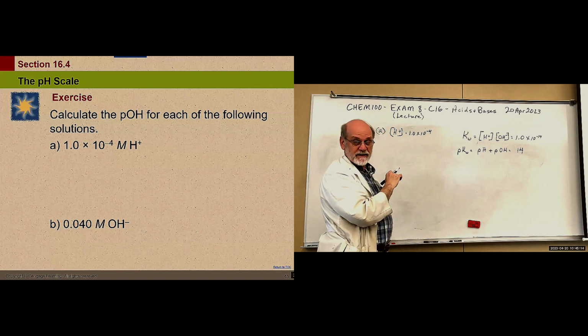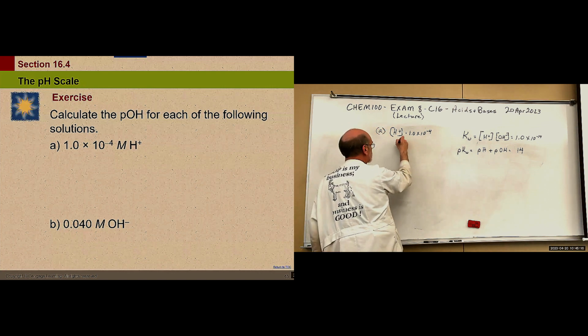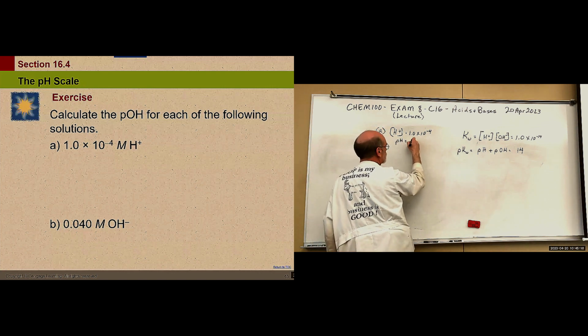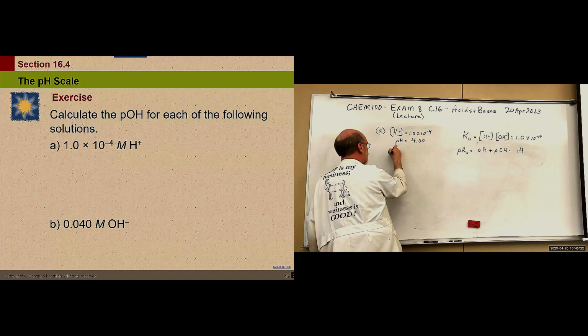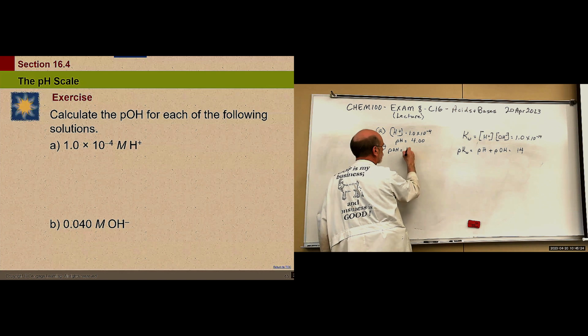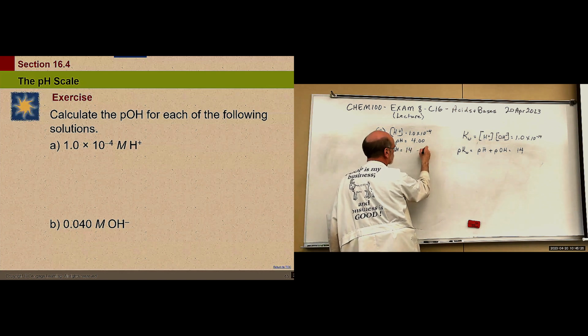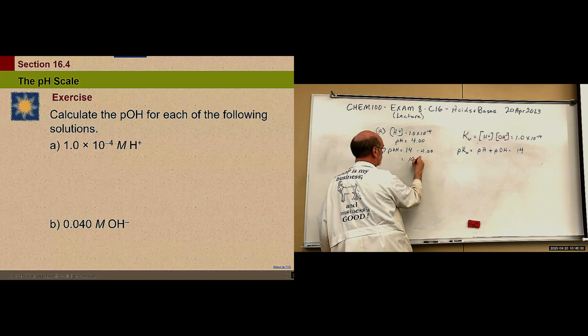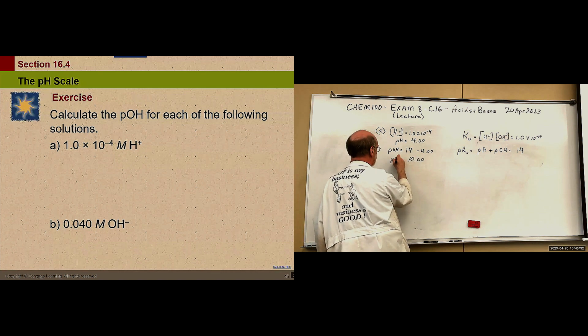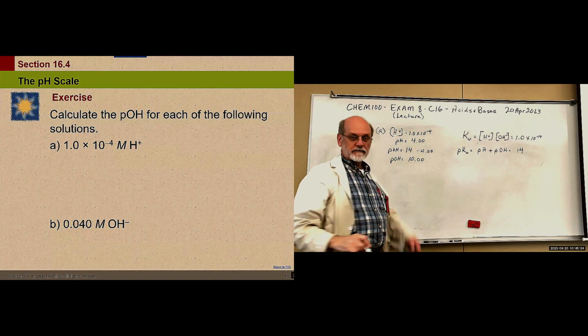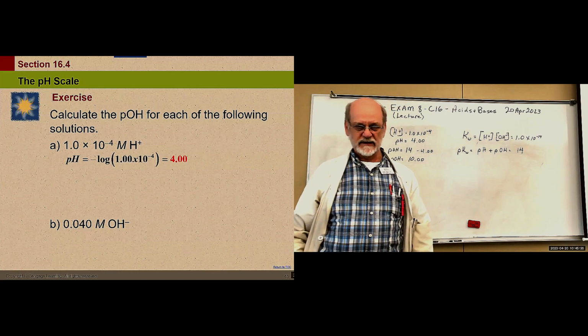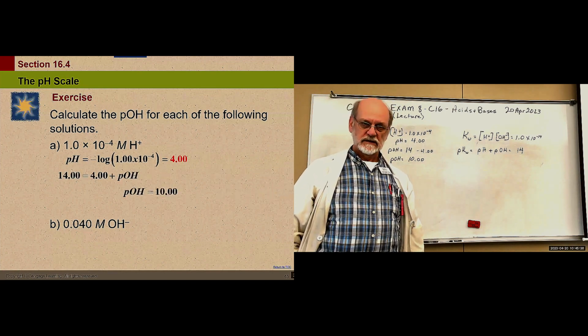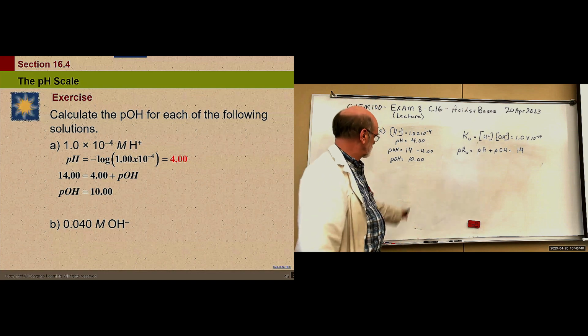Correct? pH then would be equal to 4. So pOH is equal to 14 minus 4. And that's equal to 10. pOH for the first one. There you go. 10.